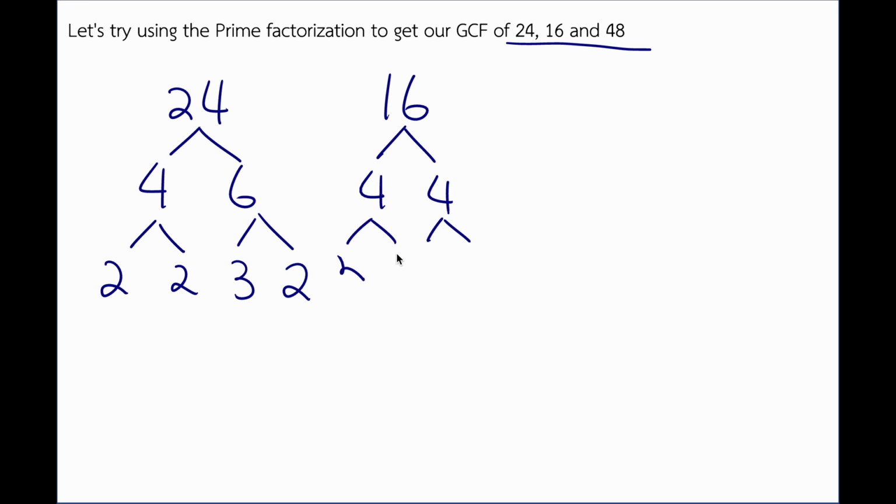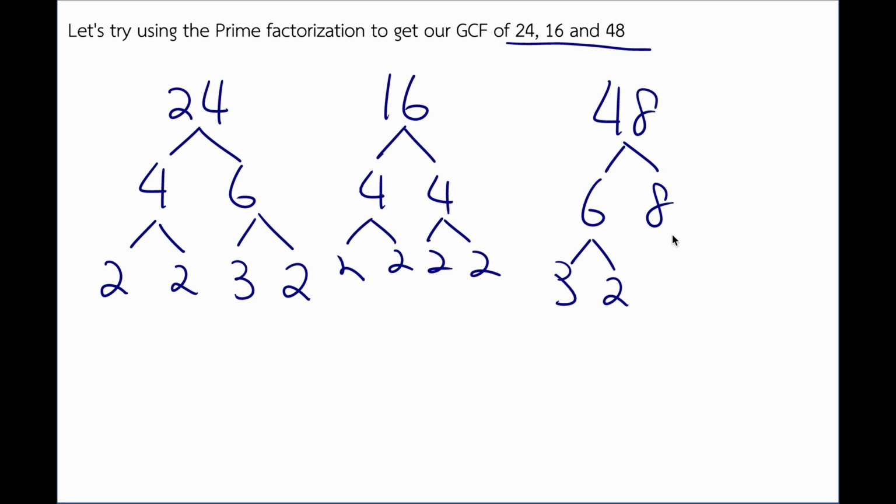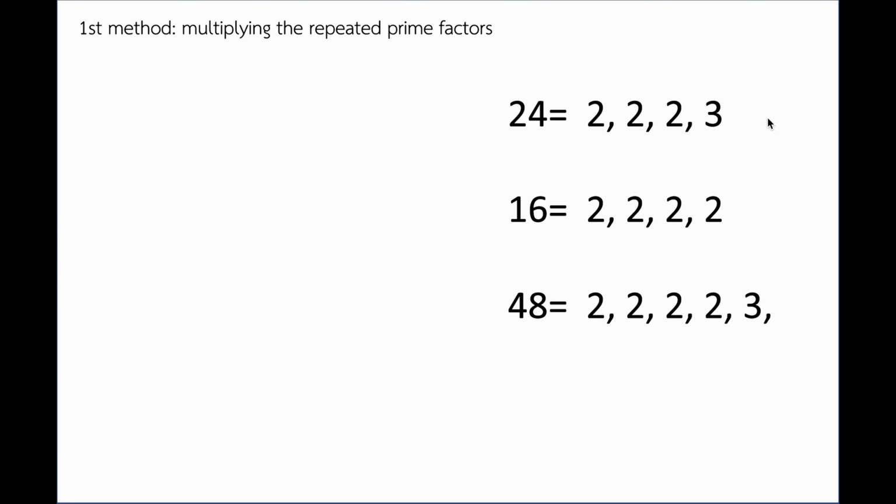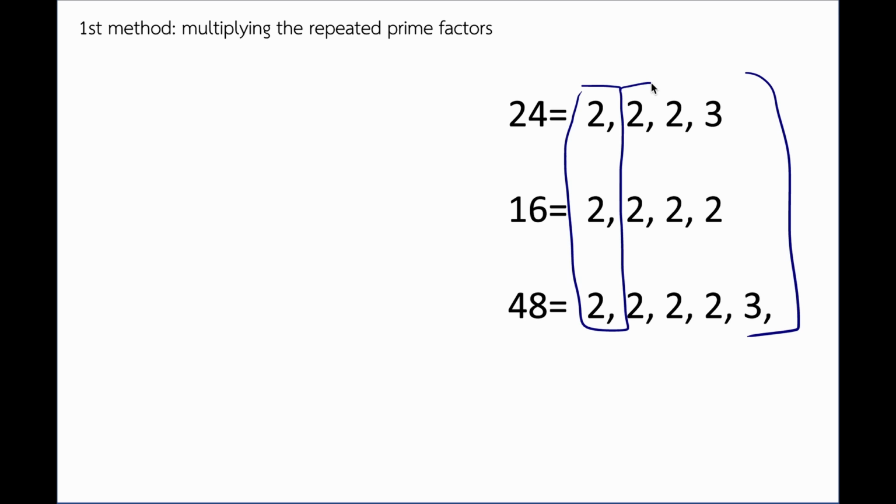Again, we're going to use the prime factorization now. What is the GCF of 24, 16, and 48? Now, after finding the prime factors, we always have 2 ways to find our GCF. Let's try the first way. Here are the factors. Now, we have one set of 2's, another set of 2's, and another set of 2's.